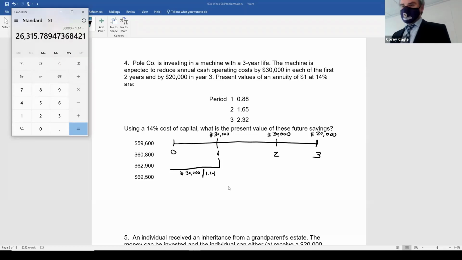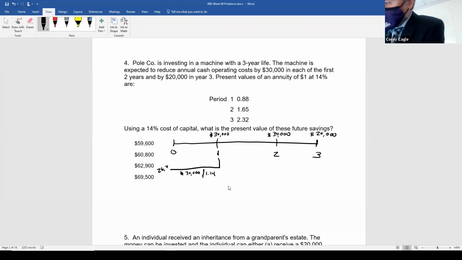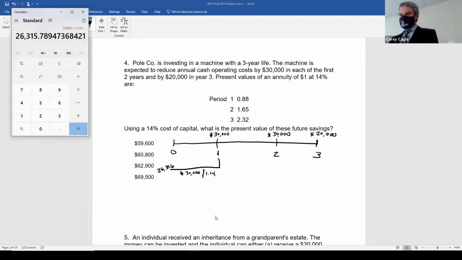So $26,316, right? That's what that is in terms of today's money. We just did the table factor for that first year, 30,000 times 0.88. Now, they didn't round those decimals out very far, but we got 26,400 doing that.